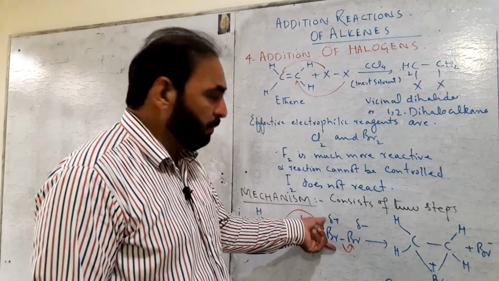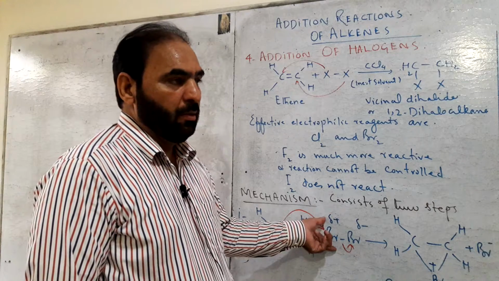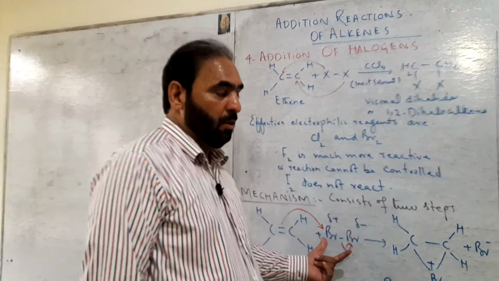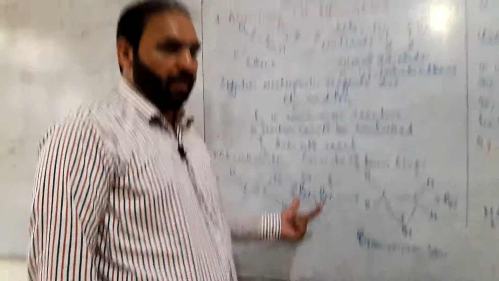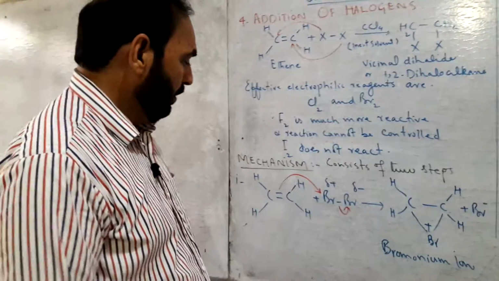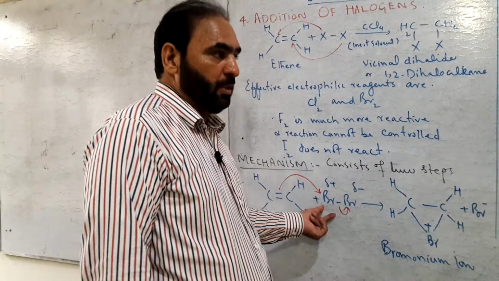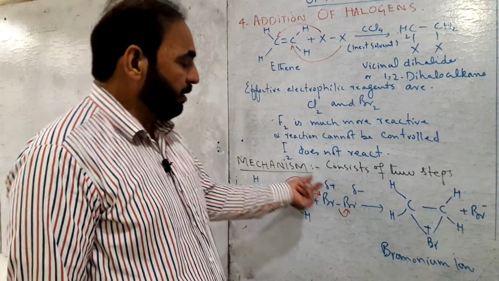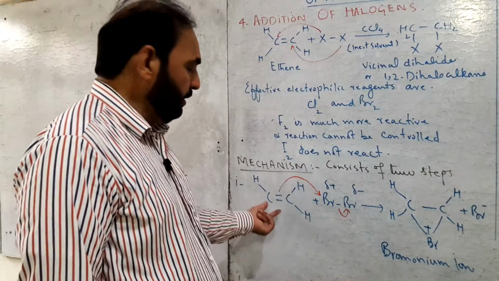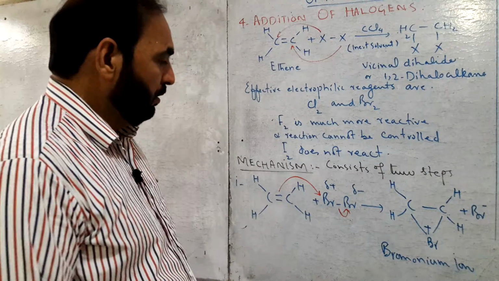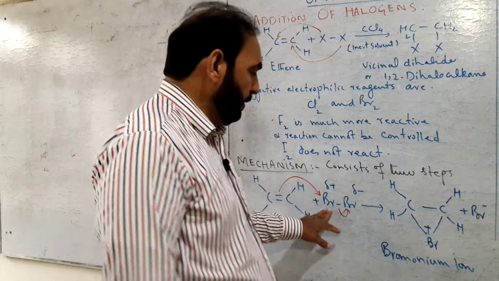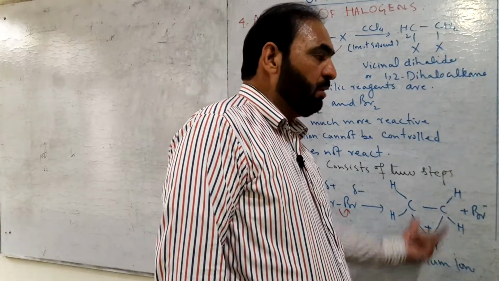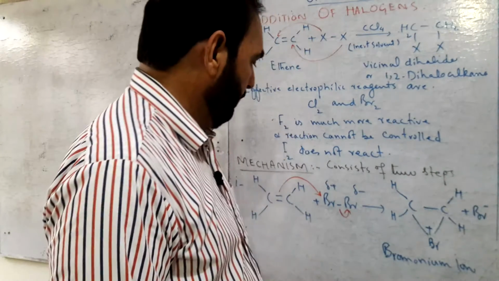After polarization, the polarizability of bromine is much greater than any of the other halogens. This partial positive bromine center, the electrophilic center, attracts pi electrons of the ethene molecule, and this bromine atom gets attached with both carbon atoms of the double bond.